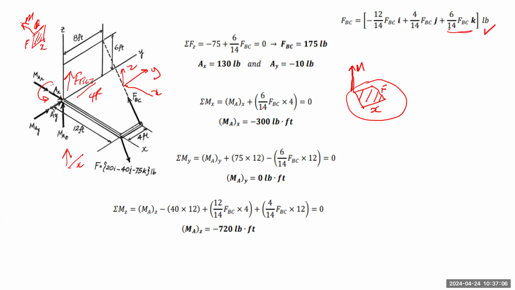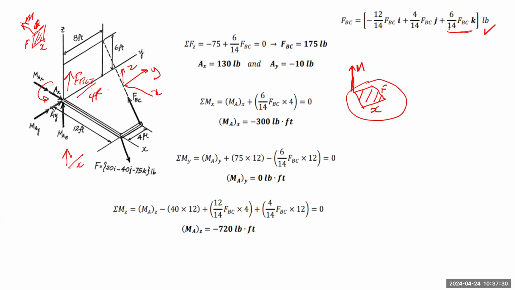So where is the positive of FBC? Up is positive, down is negative, correct? So the force now is going up, but the distance is here.